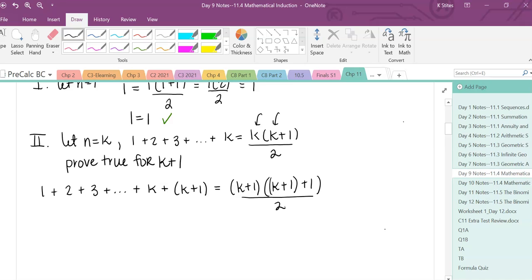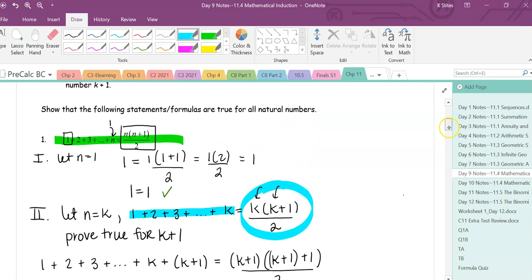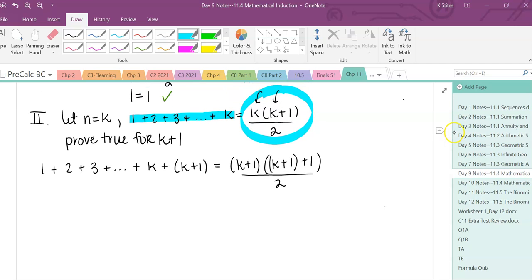Now, here's the thing. We have already said that 1 plus 2 plus 3 all the way to k is equal to this. We did that because we just replaced the n with the k from above. That means that this whole section here, 1 plus 2 plus 3 plus k, is equivalent to this expression.